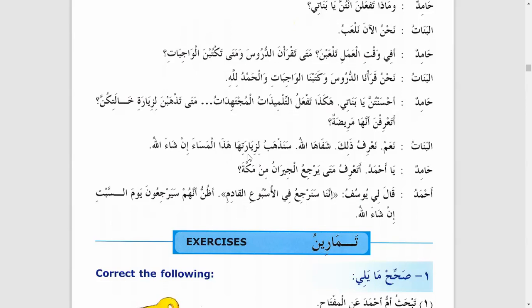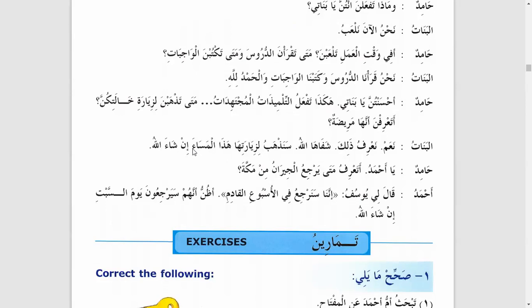However, it is a noun, and it can be mansub, marfu or majroor. To visit her. It was ziyaratun, ziyaratan, ziyaratin, and it has become li ziyarati because of lam harf jar. So, li ziyaratiha.